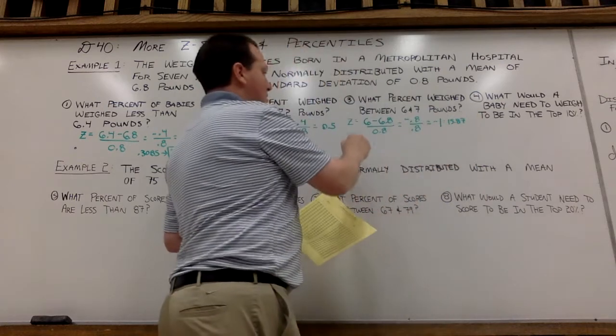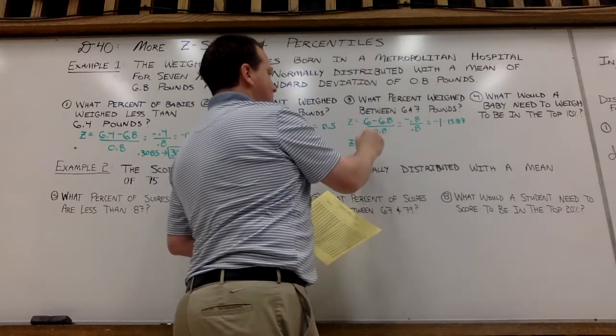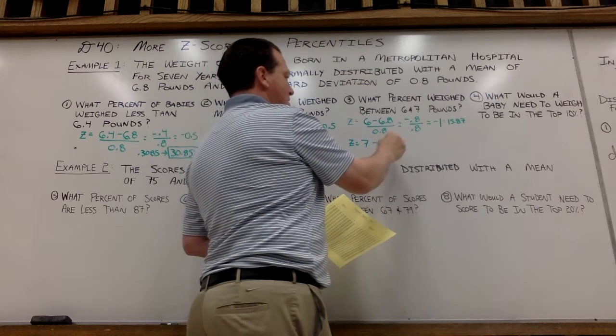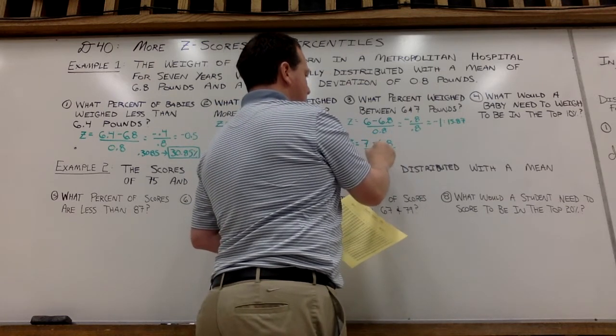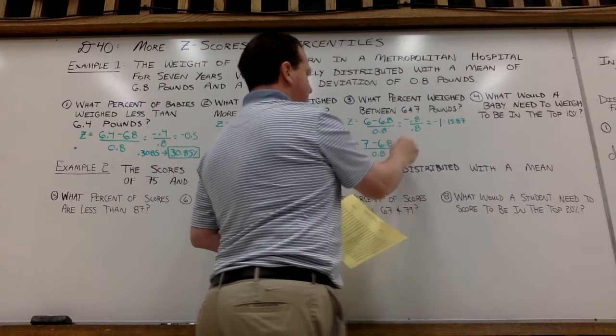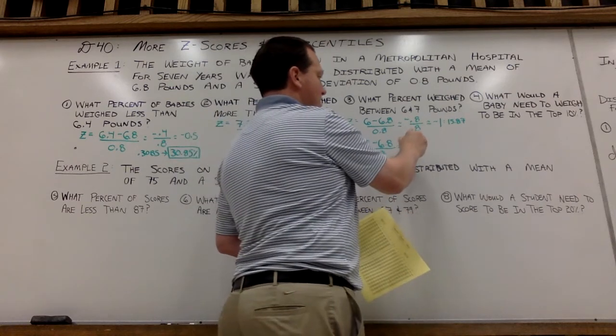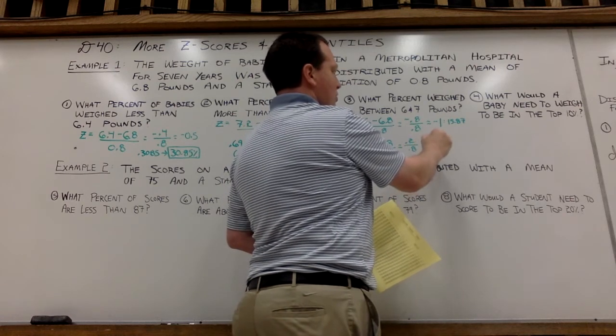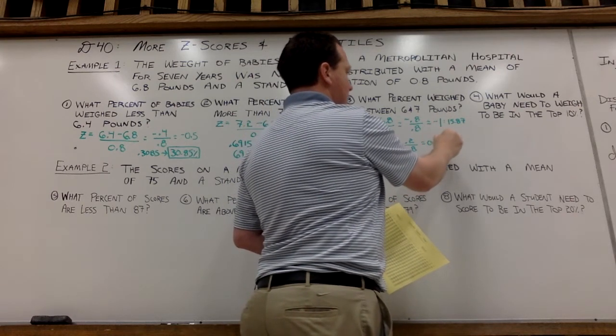A z-score for 7, so 7 minus 6.8 divided by 0.8 is going to give me 0.2 over 0.8, which is like a quarter, 0.25.